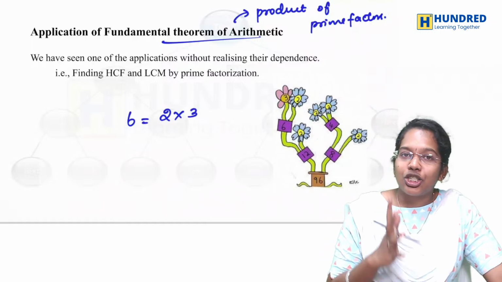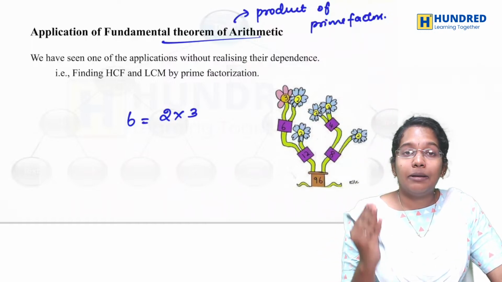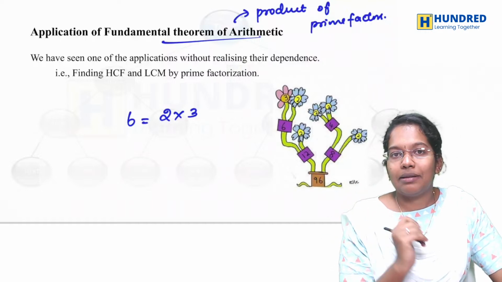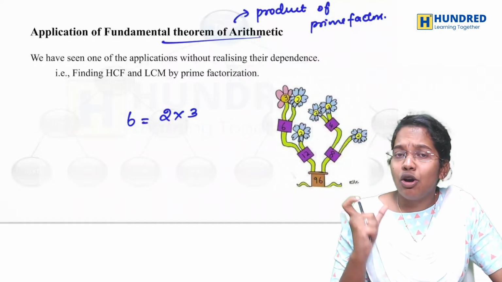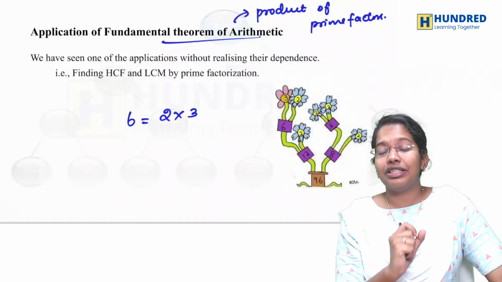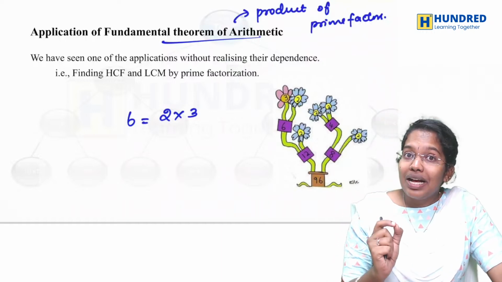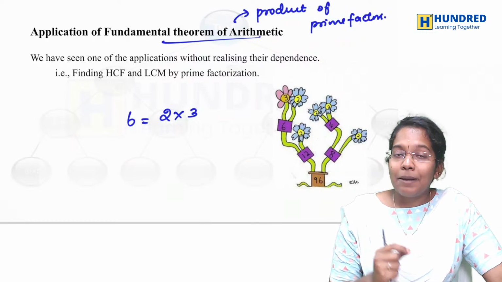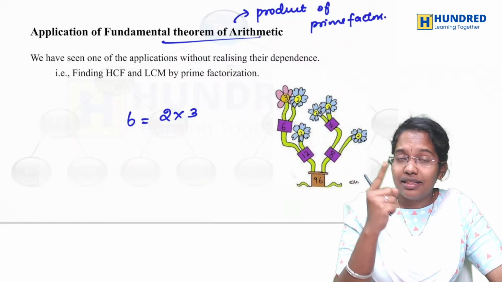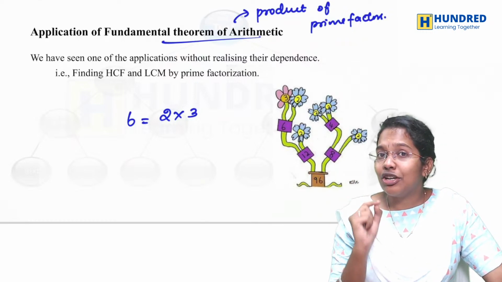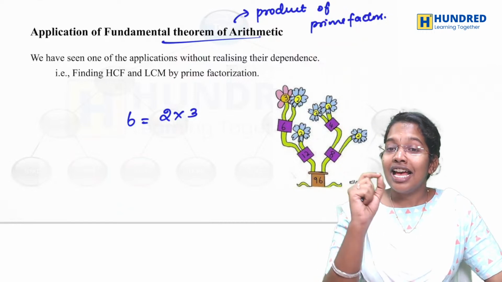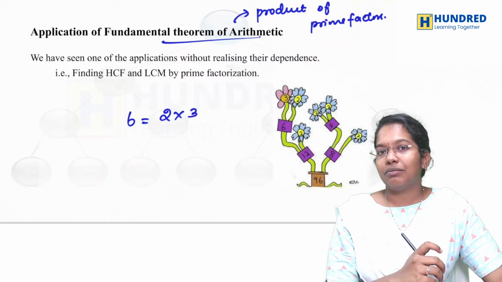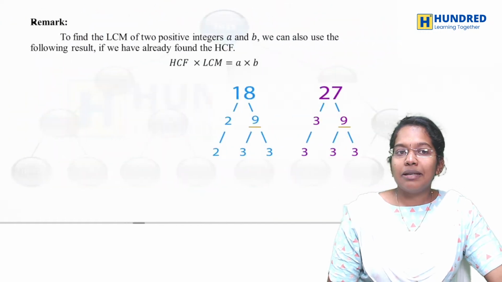This is the fundamental theorem of arithmetic. The application of this theorem is that we can find HCF and LCM by using it. So shall we move on to the sums?